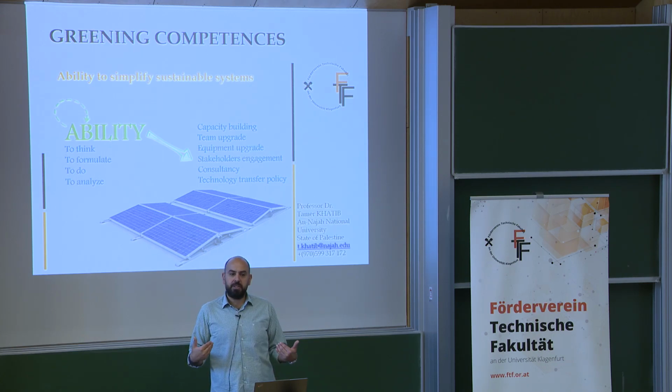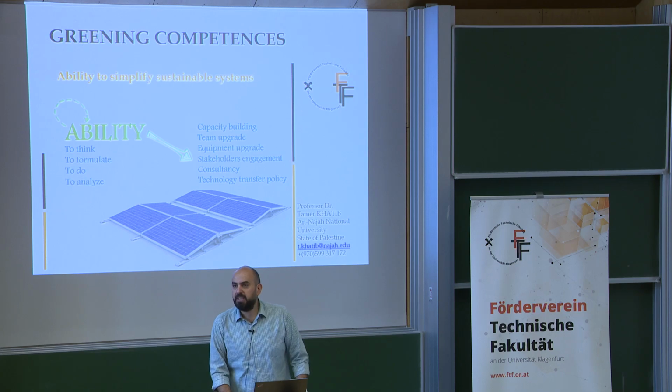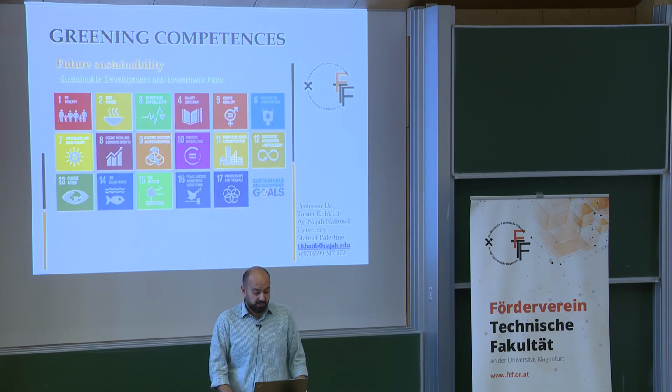The government itself has to include capacity building activities in their strategy. They have to include team upgrade, equipment upgrade, stakeholder engagement, consultancy, technology transfer policy. So all of these things should be essential components of the strategic plan for any local government unit in order to achieve the ability to simplify these systems.